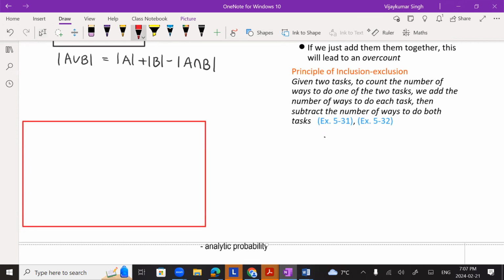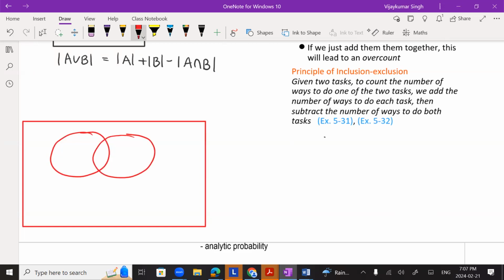Let's take set A, set B, and let's take set C. This is my A, this is my set B, this is my set C. And then we are interested in the size of A union B union C.